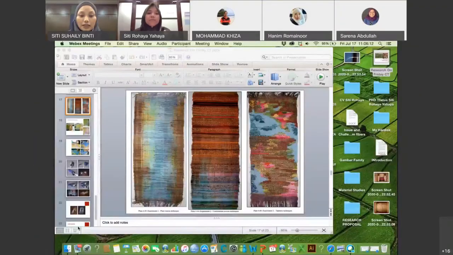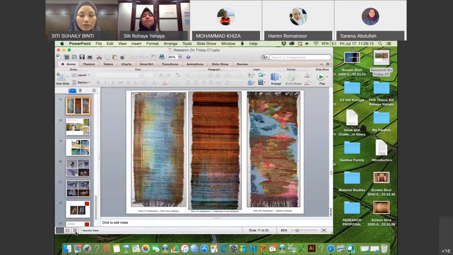This one, right? Is this made from different materials or the same material? It is a combination of EFB yarn and also synthetic yarn. Okay, all three artworks are a combination of synthetic and EFB yarn.